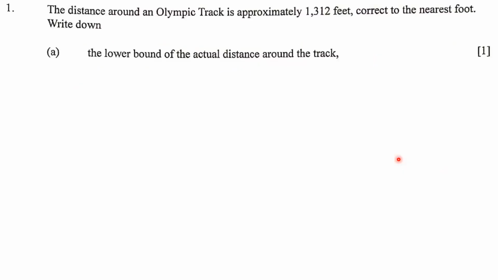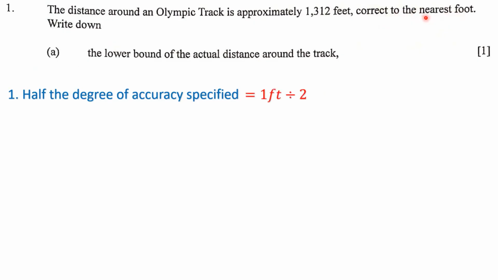Notice that here they say correct to the nearest foot, and so we have to halve that degree of accuracy. The nearest foot means 1 foot, so we do 1 foot divided by 2, which is going to give us 0.5.